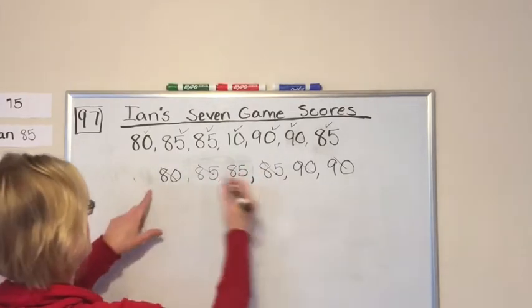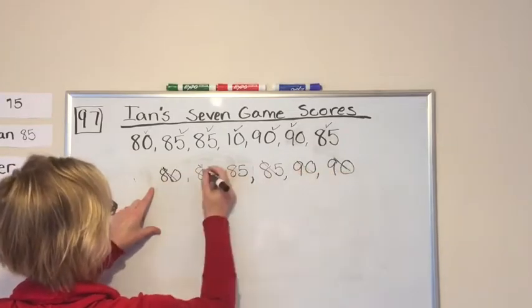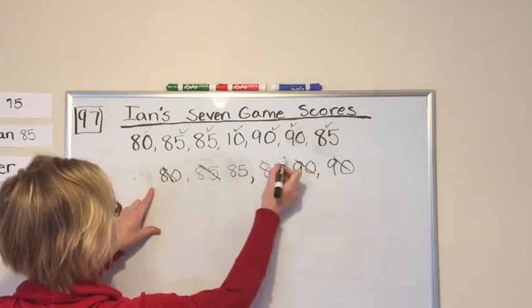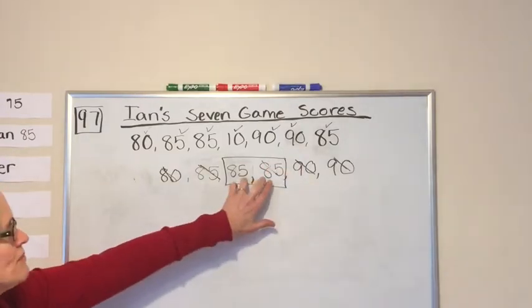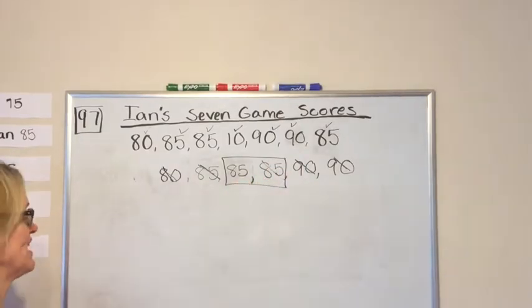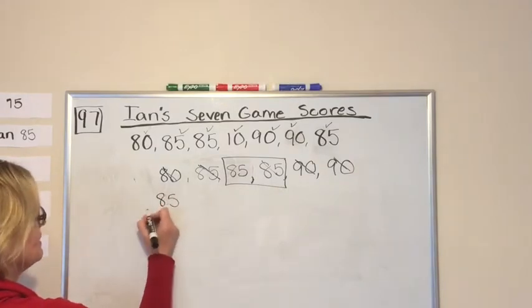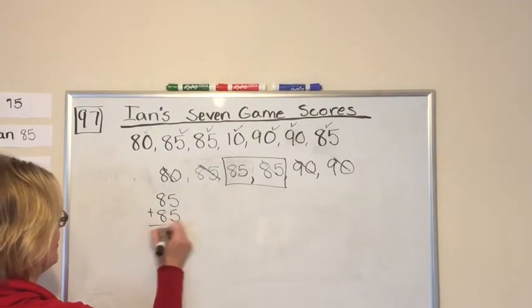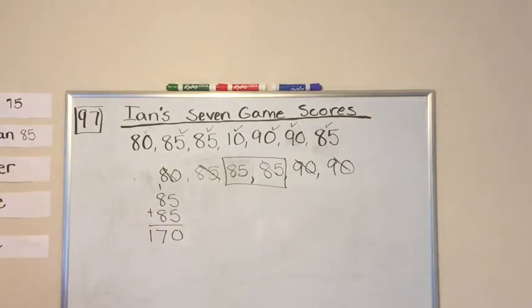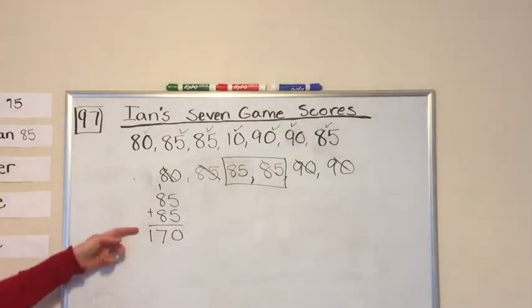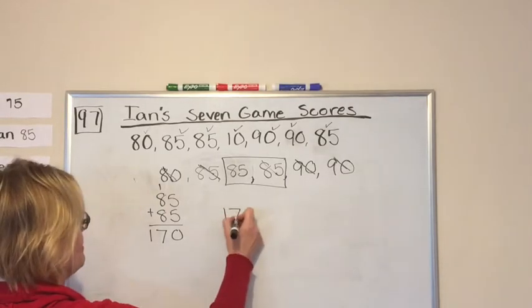Then what you do is you continue to cross out like you normally would, and then you see what are the 2 middle numbers that are left. The 2 middle numbers that are left are 85 and 85. Simply, all you do is then find the mean of those 2, or the average. You add them together and divide them by 2.